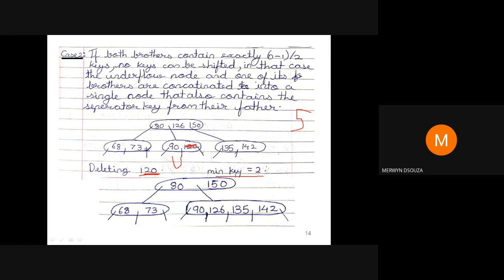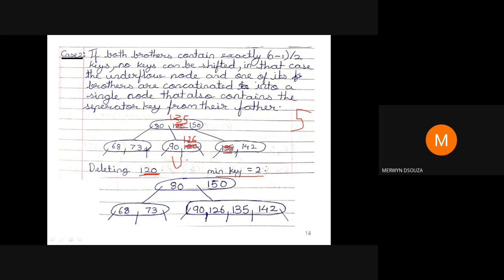Now, if I apply case 1, I take this 126 down, like we did in the previous slide. If I take 126 down, I can borrow this first key. If I take this 135 on top, like the first case, what will happen?